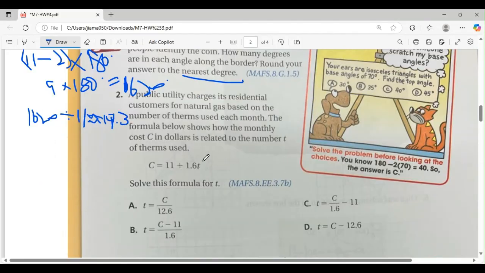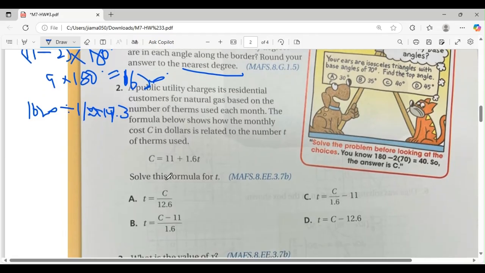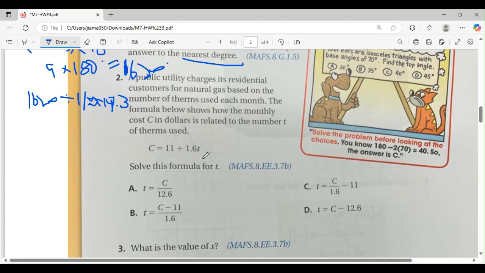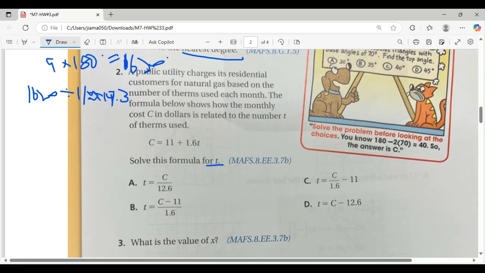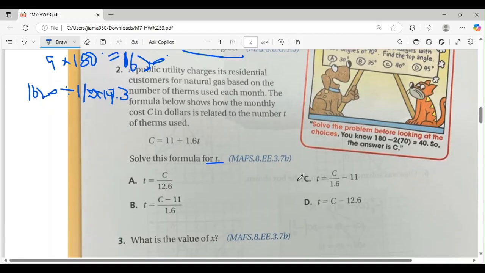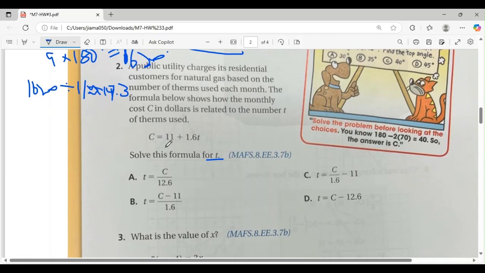Number 2. Okay, so we are already given our formula, C equals 11 plus 1.6 T. We should find T. Okay, so first we have to take C minus 11 and then divide by 1.6.